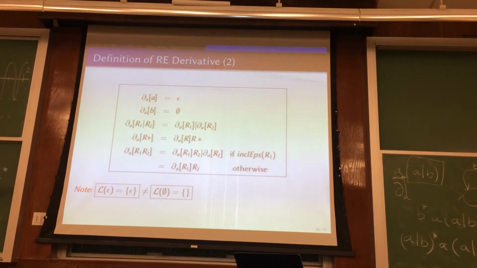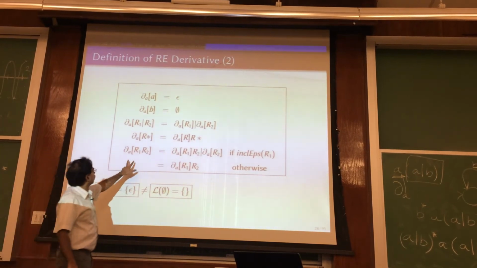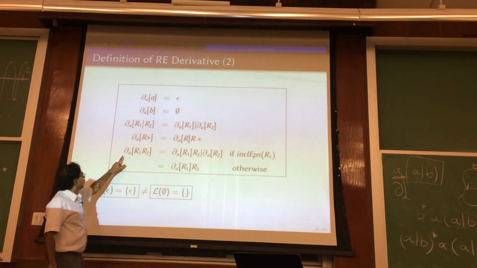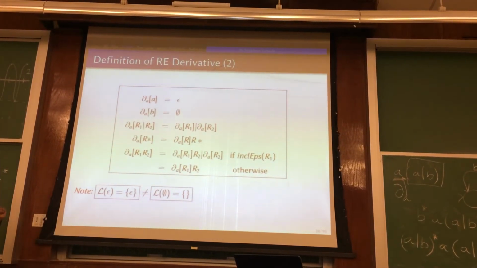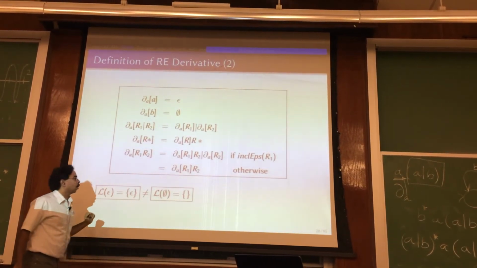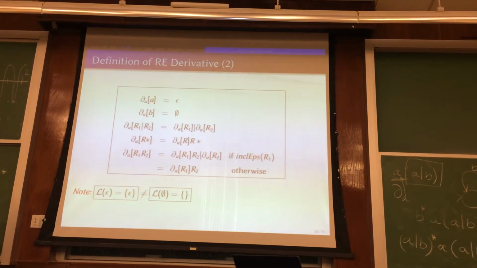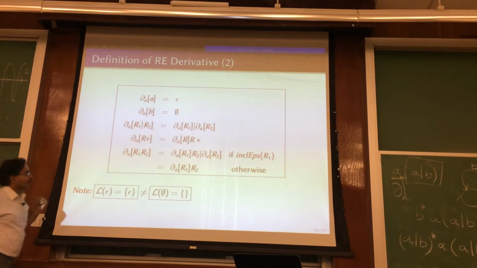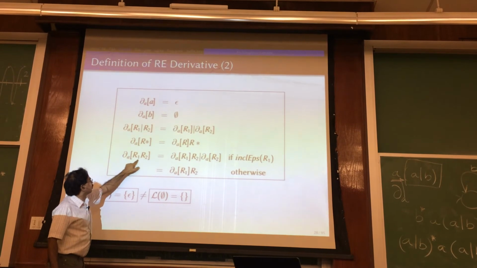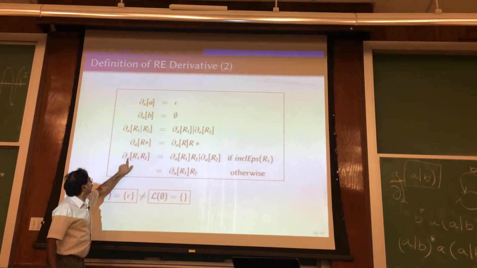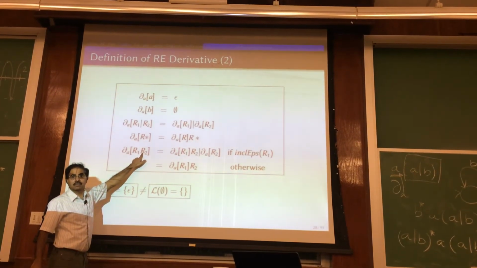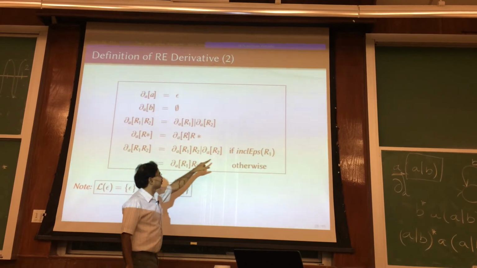And once we do this, we already have this rule for dealing with concatenation, which basically says I'm going to match A with the derivative of R1. The simple case is that I'm going to match A with only something from R1, and R2 is left unaffected. That is true if R1 can never be empty. But if R1 can be empty, then in a match for R1 R2, R1 might end up generating empty, and A might match the first character of R2. So that's why we have the alternation. This is the condition.